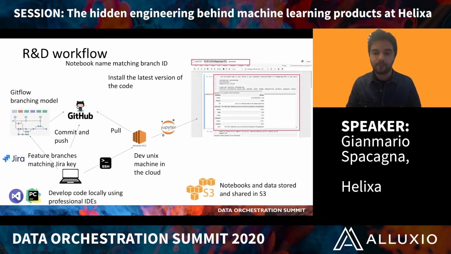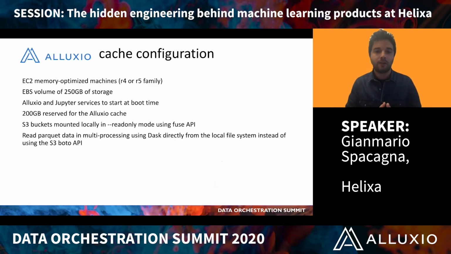in S3. But instead of reading directly from the S3 data storage, we will go through a layer of cache through Alluxio. So the configuration we used for the Alluxio cache was EC2 machines. We use EC2 machines that are optimized for memory, and we assign them at least 250 gigabytes, of which 200 gigabytes are reserved for the Alluxio cache.